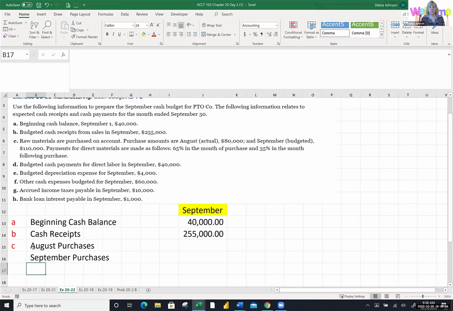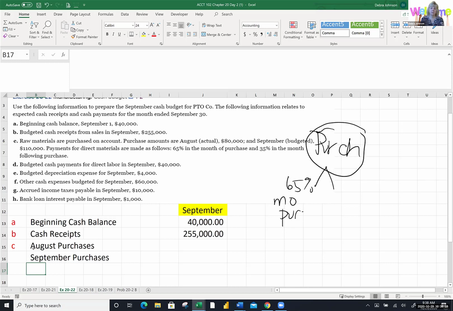What that just said up here is that we have some purchases, and the way those get paid out is 65% in the month purchased, and the rest of it, the other 35%, would be the month after the purchase. Okay, little curveball, but that's okay.